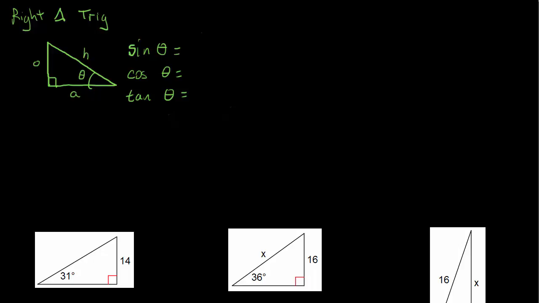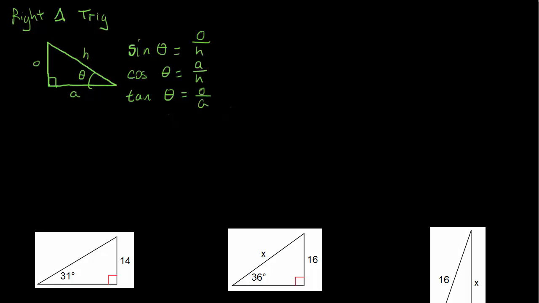Cosine is using the hypotenuse as well, but it's the adjacent. So like the co-pilot, it's right next to it: the adjacent over the hypotenuse. And then tangent does not use the hypotenuse, so that gives me the opposite over the adjacent.